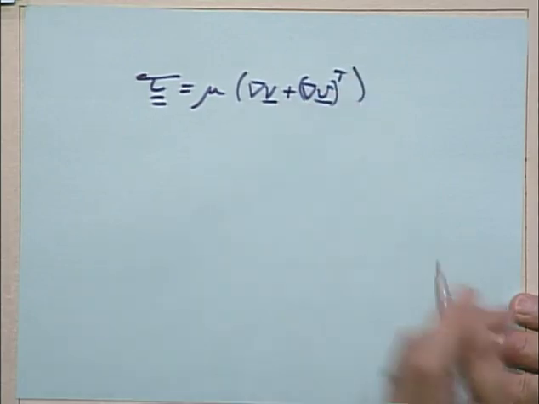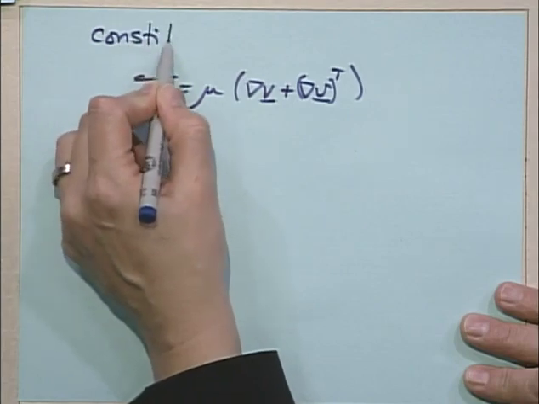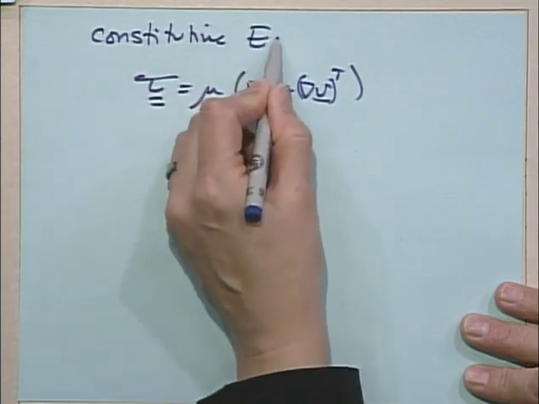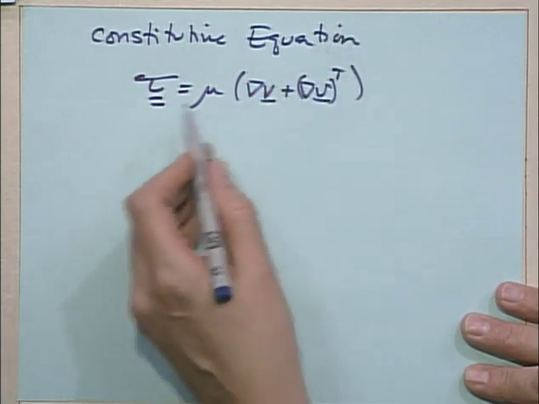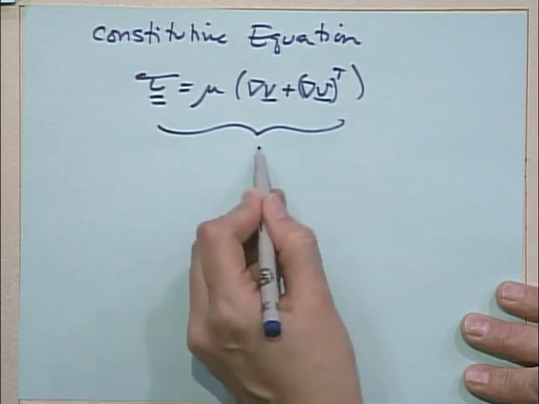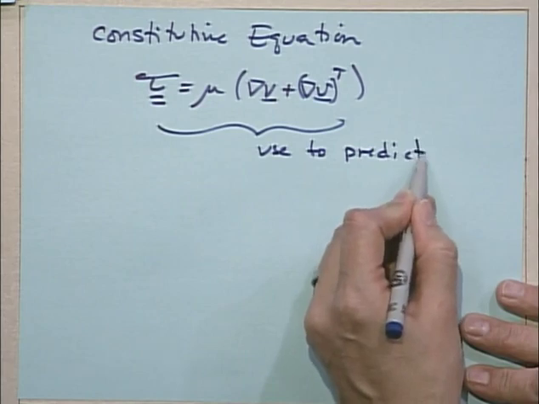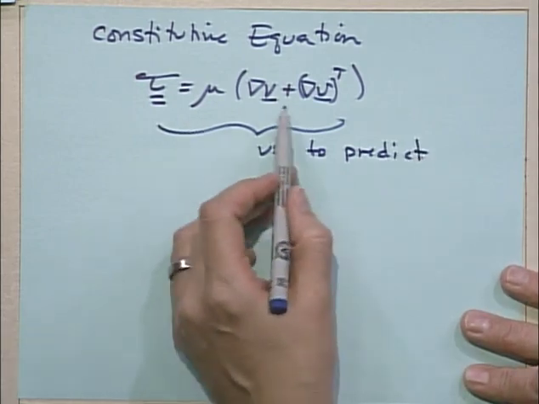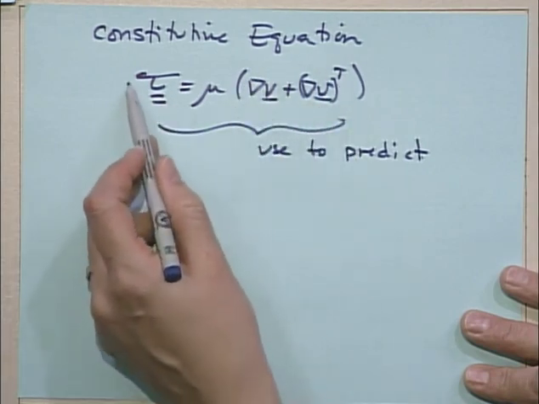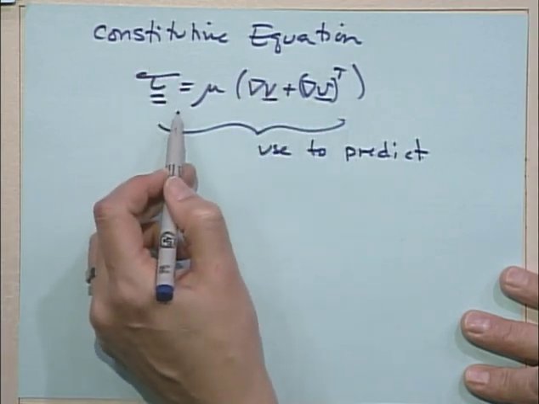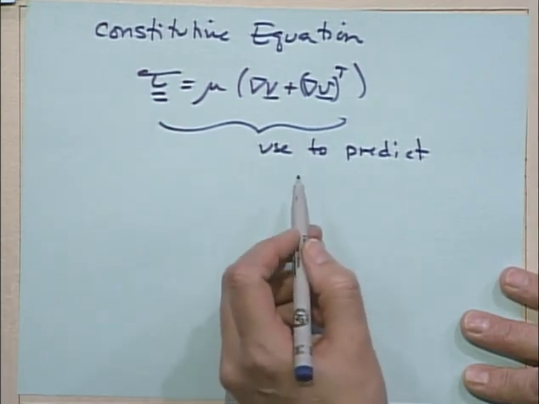So what we're going to be doing is using this constitutive equation, and we'll use this to predict material functions. So for instance, we can predict viscosity in the sense that we can put in the flow that goes with viscosity, and we'll see what the stress is predicted to be, and then put that into the definition of material function, and we'll get out the prediction for the viscosity.